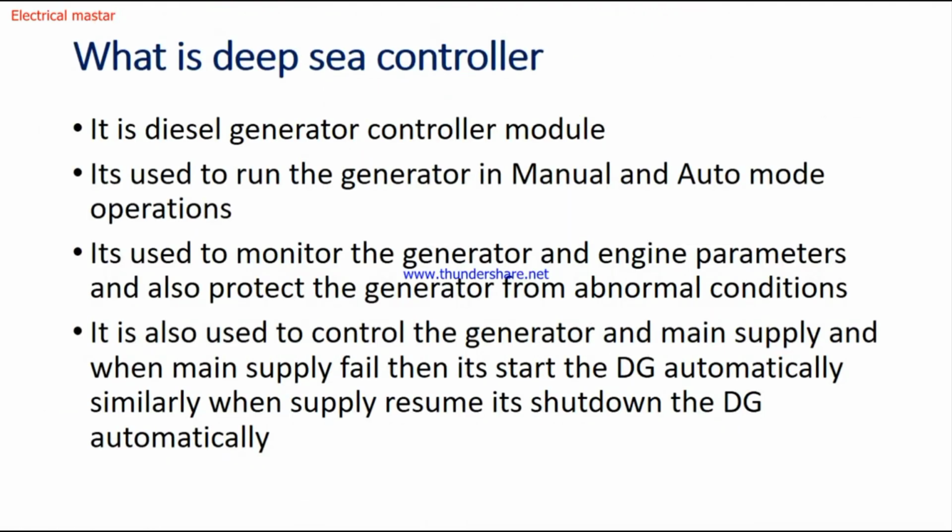Now we will see what a DG controller is. The DG controller is the diesel generator controller module which is used to run the diesel generator in manual and auto mode operations.